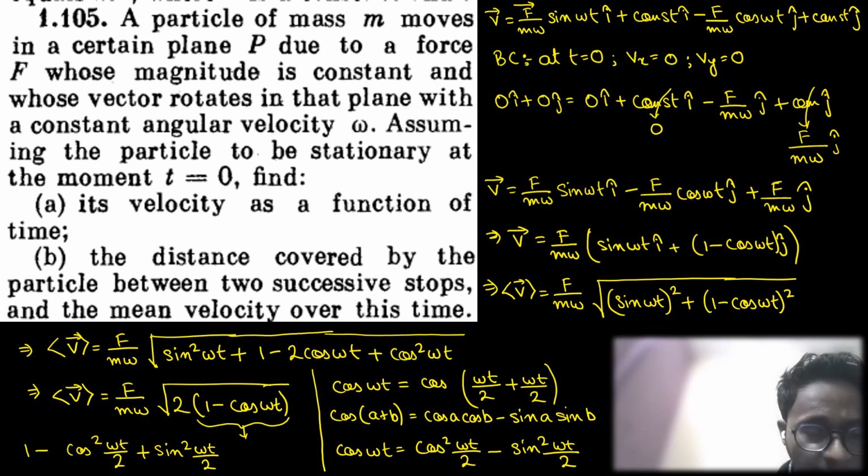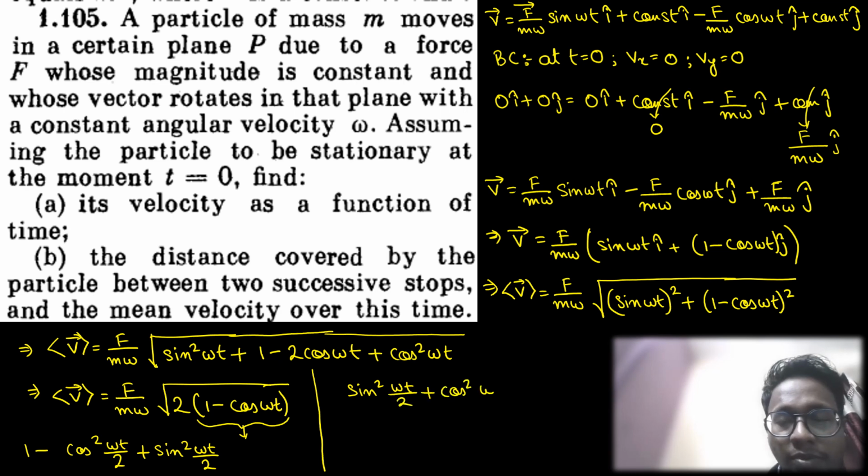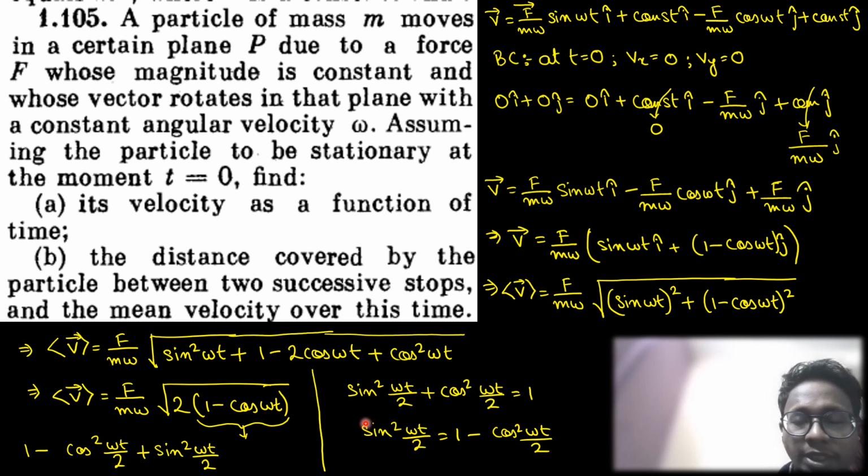We also know that 1 minus cos square omega t by 2 is equal to sine square omega t by 2. Why? Because sine square theta plus cos square theta is equal to 1. So sine square omega t by 2 plus cos square omega t by 2 is equal to 1, or 1 minus cos square omega t by 2 is equal to sine square omega t by 2.